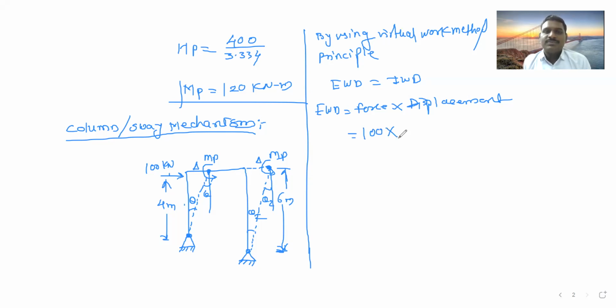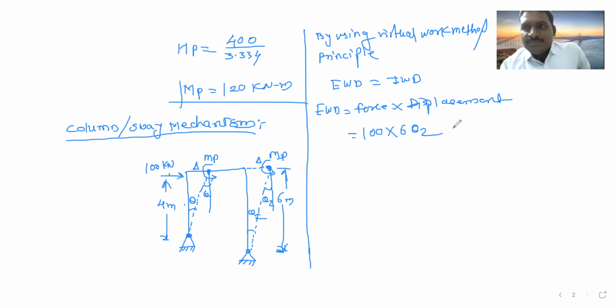Where have we shown the delta? How much distance with theta rotation is there? Either we use 4 theta, or we can use 6 theta 2. So here we will use 6 theta 2.